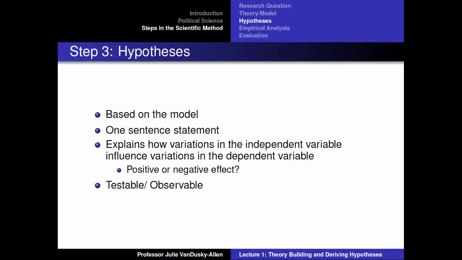If the independent variable has a negative effect, then as the independent variable increases, the dependent variable decreases. In addition, the relationship described in the hypothesis has to be observable in the real world. We should be able to collect data and determine if the independent variable influences the dependent variable in the way we expect.